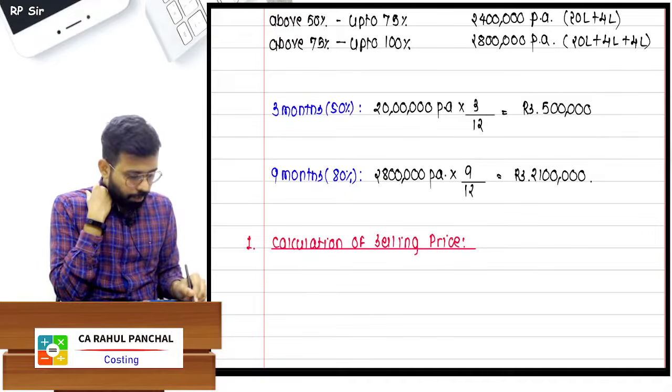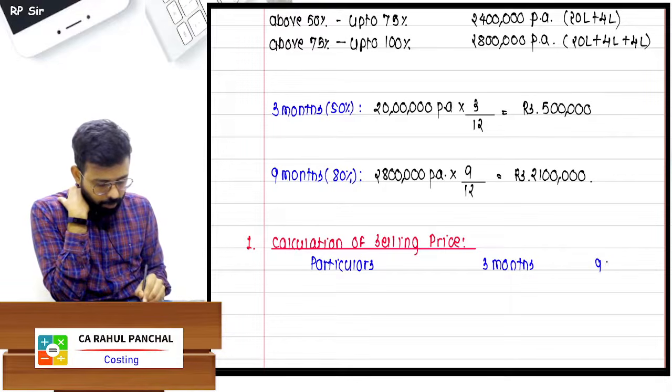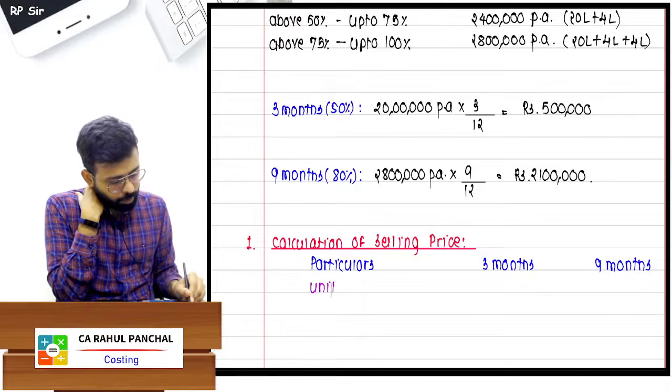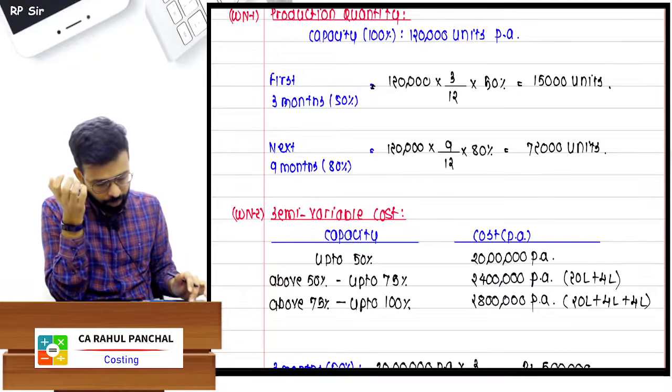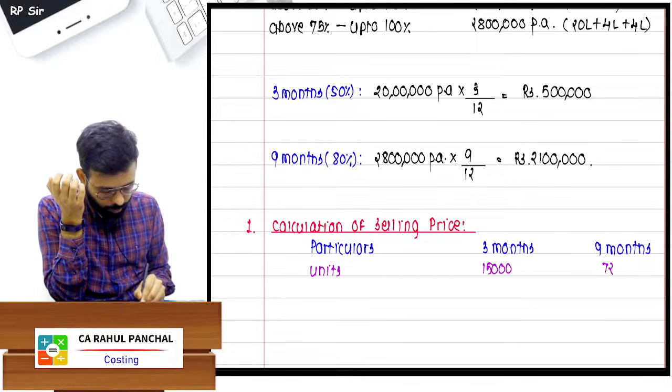When you make the columns, particulars, we will make two columns, first 3 months, then next 9 months. Let me write units also. In the first 3 months, we are going to produce 15,000, then 72,000. 15,000 units and 72,000 units.